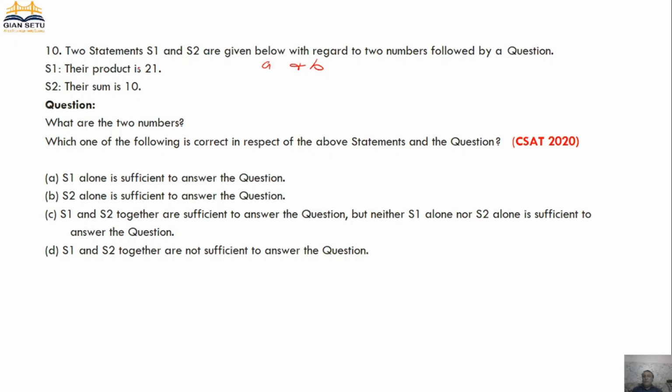Now let's try to solve this question with the help of both the statements. So statement 1 is A into B is equal to 21. Let's say this is equation 1. Now A plus B is equal to 10. This is equation 2. Now let's say B is equal to 10 minus A. Now let's substitute the value of B in equation 1.